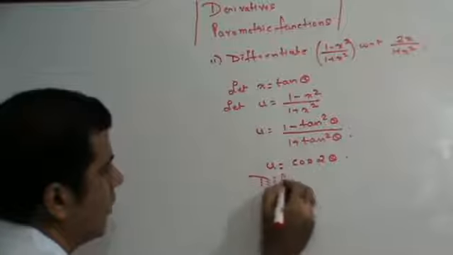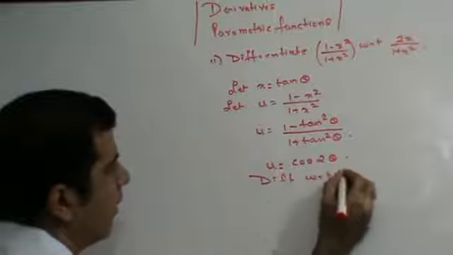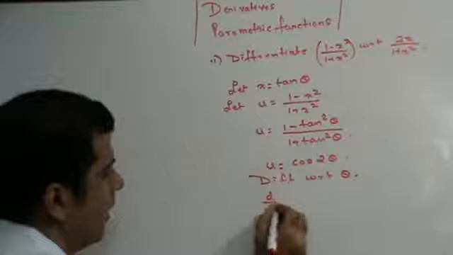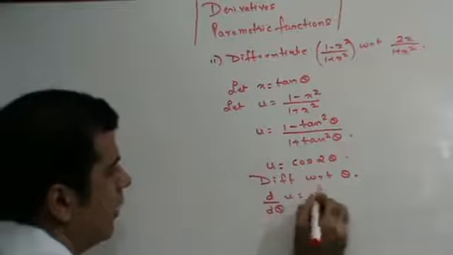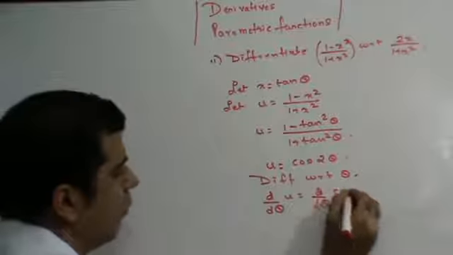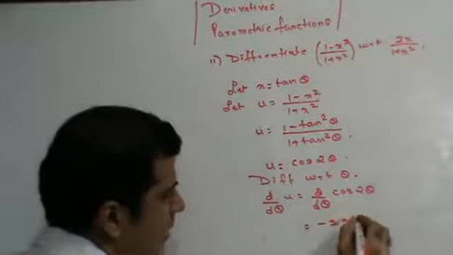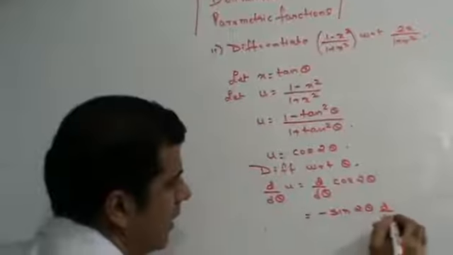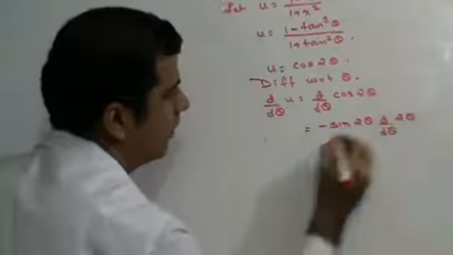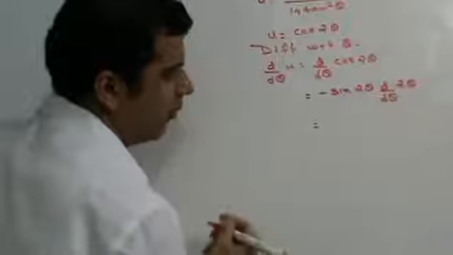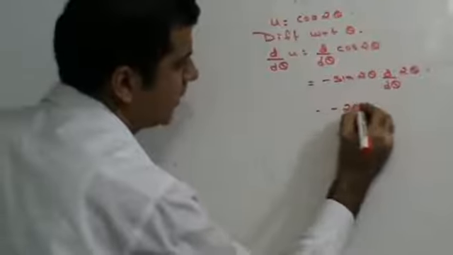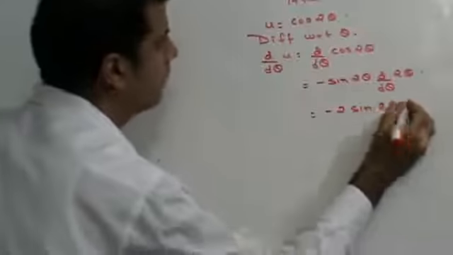Now differentiate with respect to theta. d by d theta of u is d by d theta of cos 2 theta. Cos u is minus sin u d by d theta of 2 theta. D by d theta of 2 theta is going to be 2, so minus 2 sin 2 theta.